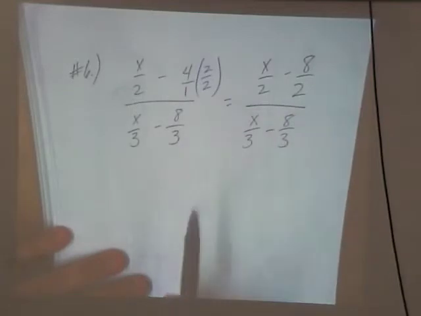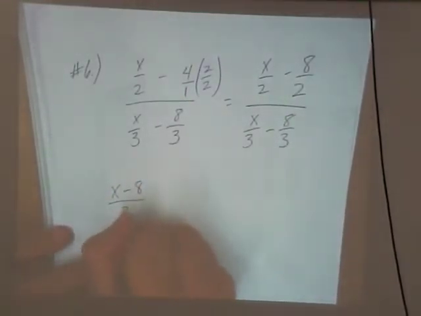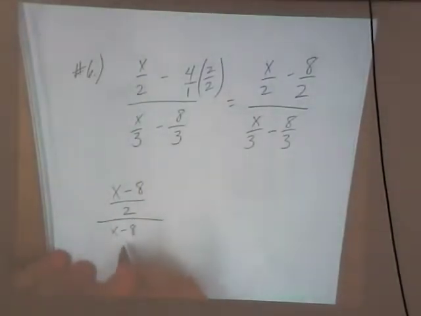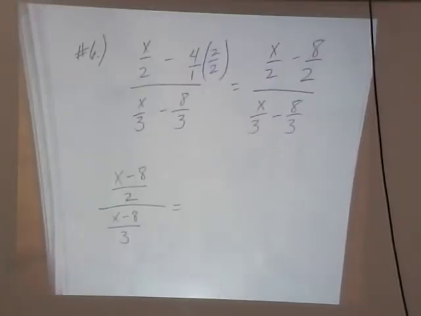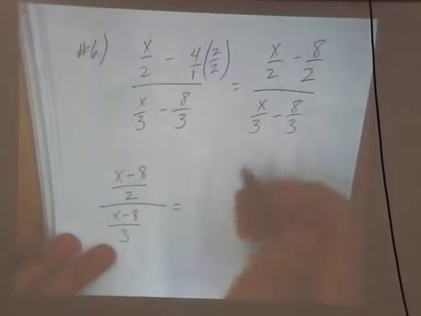So I combine that numerator into x minus 8 over 2 over x minus 8 over 3. So I've got a fraction divided by a fraction. We'll flip the bottom one and multiply.